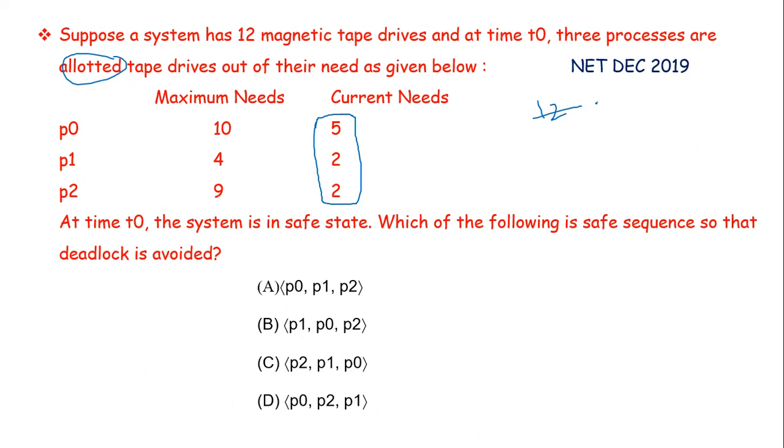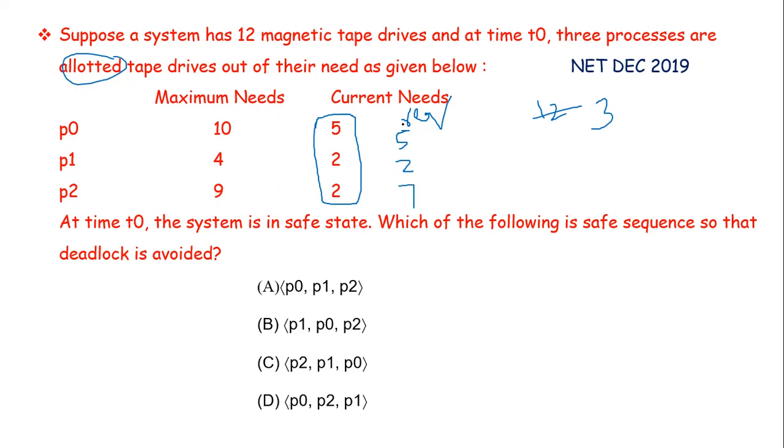So we are left with 3 tape drives only. Now we are given maximum needs and current needs. So required needs will be 10 minus 5, 5 for process P0, 2 for process P1 and 7 for process P2, right?